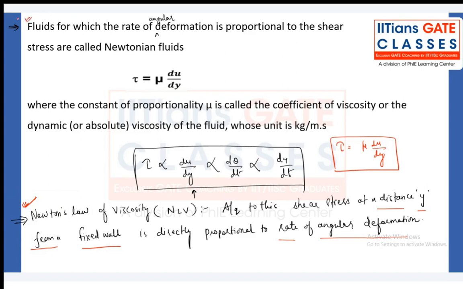Then after this, you note down this last one. The fluids for which the rate of angular deformation is proportional to the shear stress are called Newtonian fluids. That means the fluids which follow Newton's law of viscosity are called Newtonian fluids. That means the fluids which do not follow Newton's law of viscosity will be called non-Newtonian fluids.